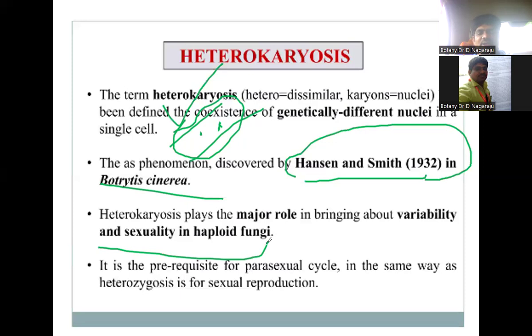It is one of the prerequisites: where two genetically different nuclei are present in a single cell, that cell leads to the parasexual cycle instead of normal sexual reproduction.